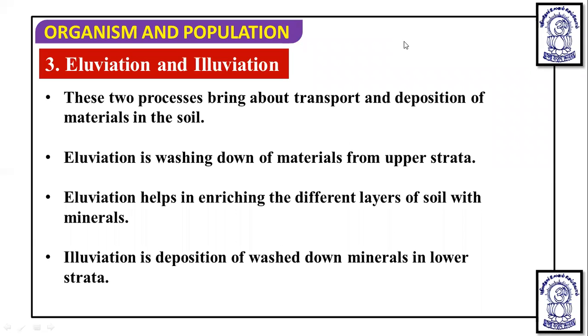When materials move from the upper strata to the lower strata, that downward washing is known as elevation. This helps in enriching the different layers of the soil with different concentrations of minerals. Alluviation is the deposition of the washed down material in the lower strata. When these minerals accumulate at the lower strata, the process is known as alluviation. All of this ultimately helps in the process of soil formation.